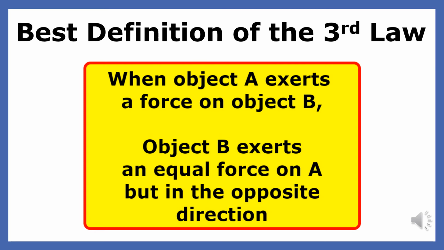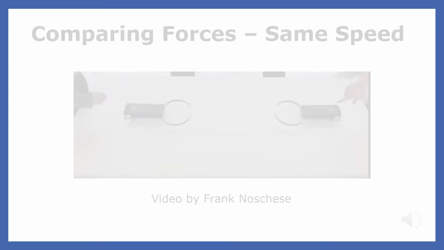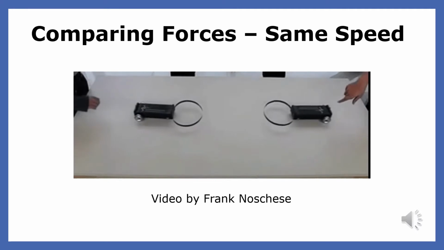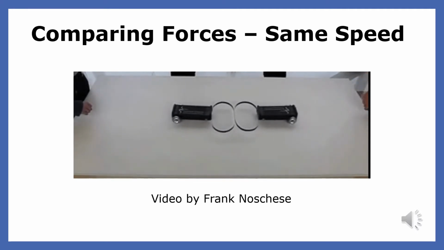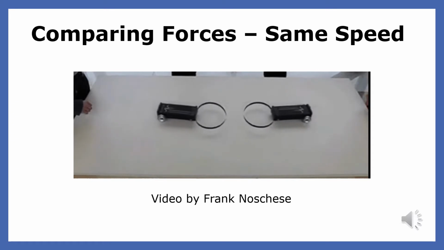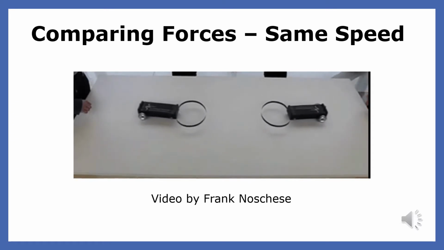I believe the definition of Newton's law that produces the deepest understanding is that when object A exerts a force on object B, object B exerts an equal force on A, but in the opposite direction. The toughest part of the third law for most students to understand is that in all third law interactions, the forces are equal. I have a few videos that will help you see this.